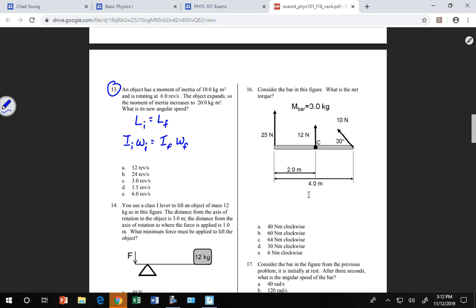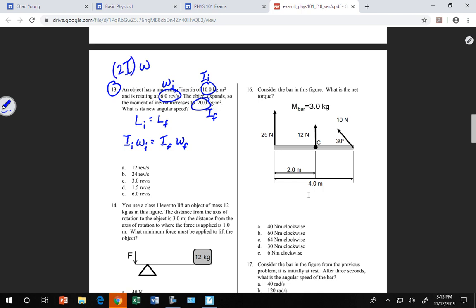So here, I need to identify what my quantities are. That's I initial. This is omega initial. And then this is I final. So notice that my moment of inertia has increased by a factor of 2.